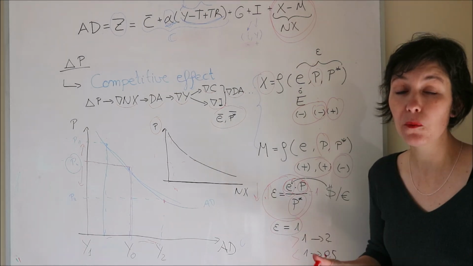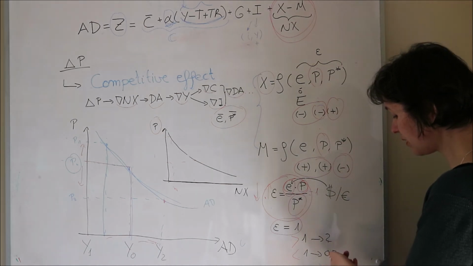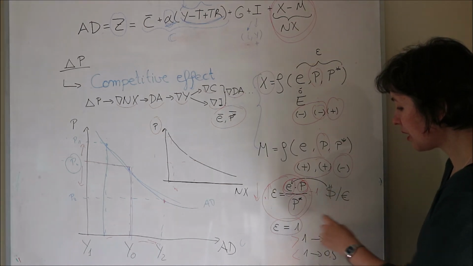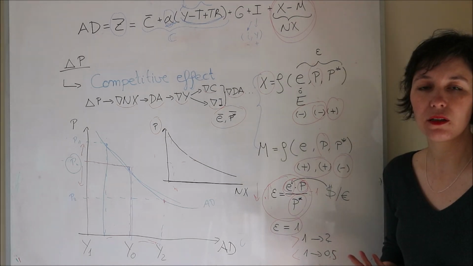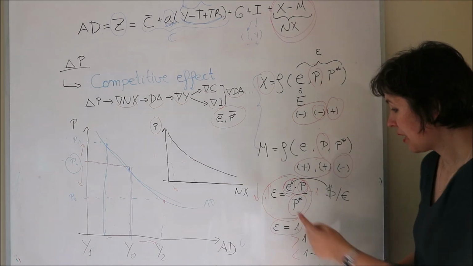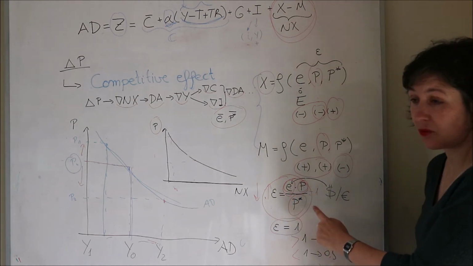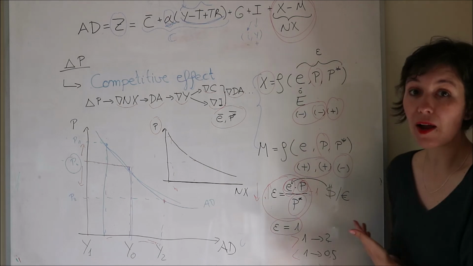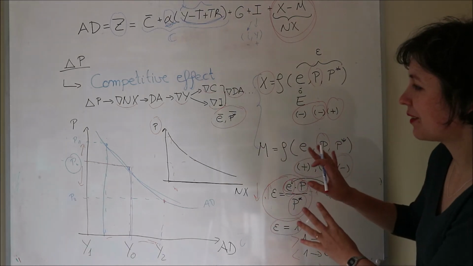So I can compare both prices. And if this is smaller than 1, for instance 0.5, that means the price in the United States is double the price in Europe. Or what is the same, my price is half of the price in the United States. Okay? Well, that was just a note.